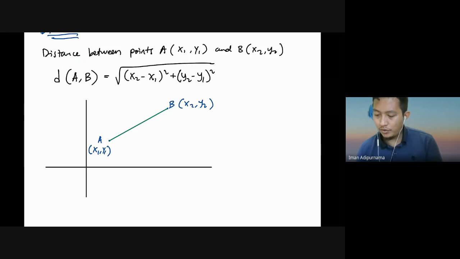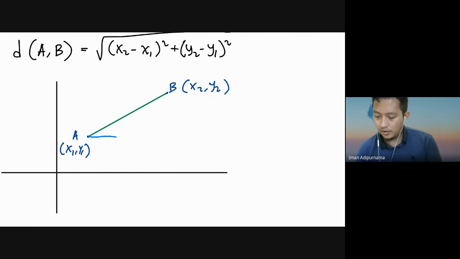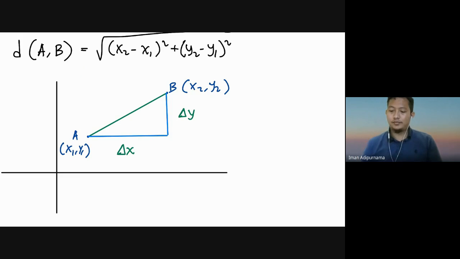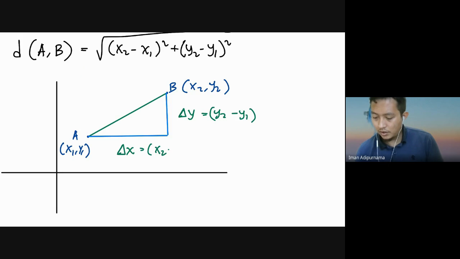The easiest way to see the distance is from this triangle. You have delta x, and this is delta y, or y2 minus y1, and this is x2 minus x1.